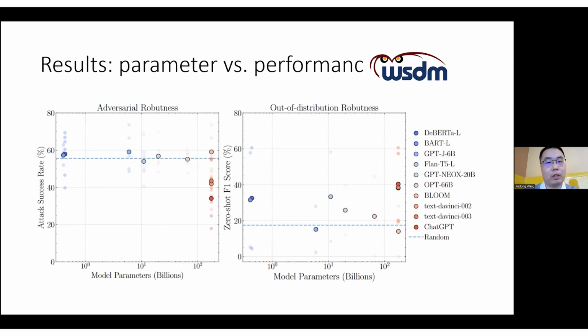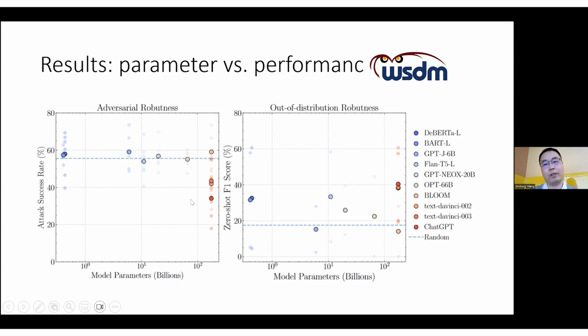The results here actually are very interesting. It's parameter versus performance. You can see the x-axis is model parameters, which is in billions, and the y-axis for the adversarial robustness is attack success rate. And for OOD robustness, it's the zero-shot F1 score, which is the higher the better. But for this ASR, the lower the better.